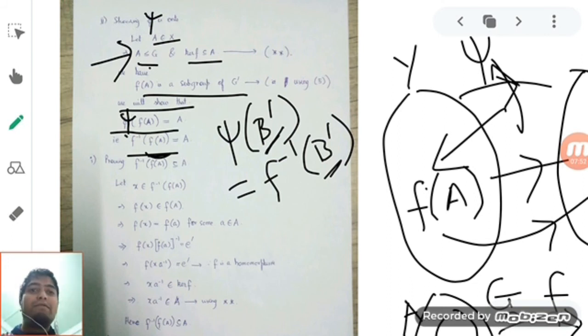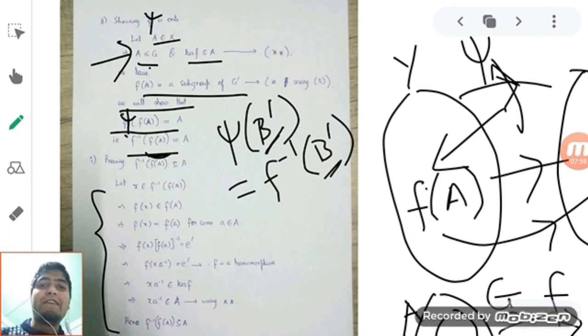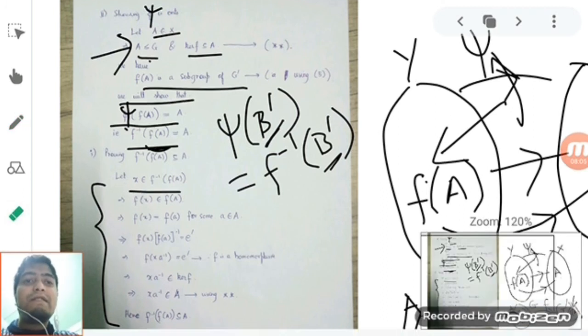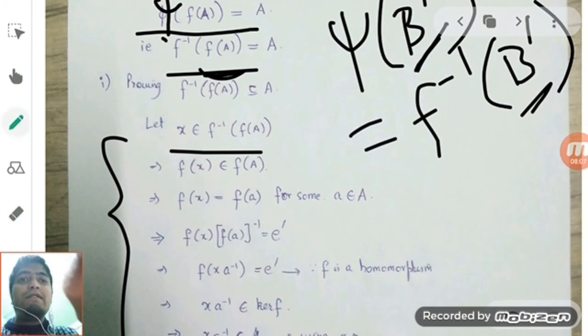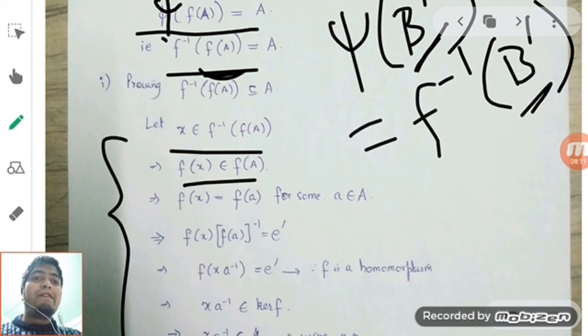Because these are sets, you just need to show that one is a subset of the other, and similarly the reverse way. So take an element x here, and just operate by f. F(x) will belong to F(A). Because it belongs to F(A), it will be equal to some element.